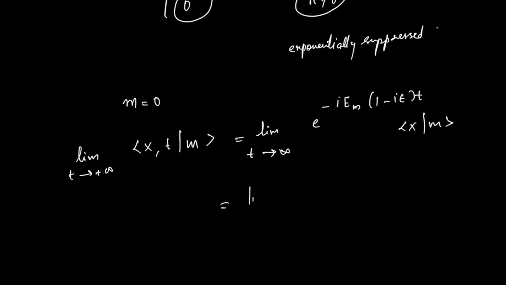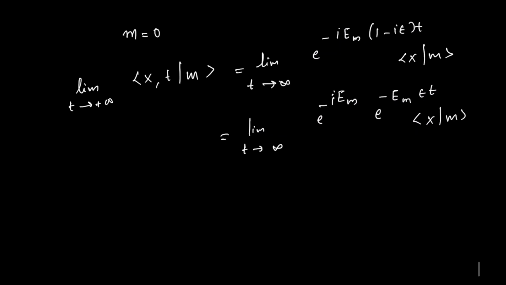So this will be limit t tending to infinity e raised to minus i E m, then e raised to minus E m epsilon t, then x m. So if t tends to infinity, then automatically it will become e to the power minus infinity, right?